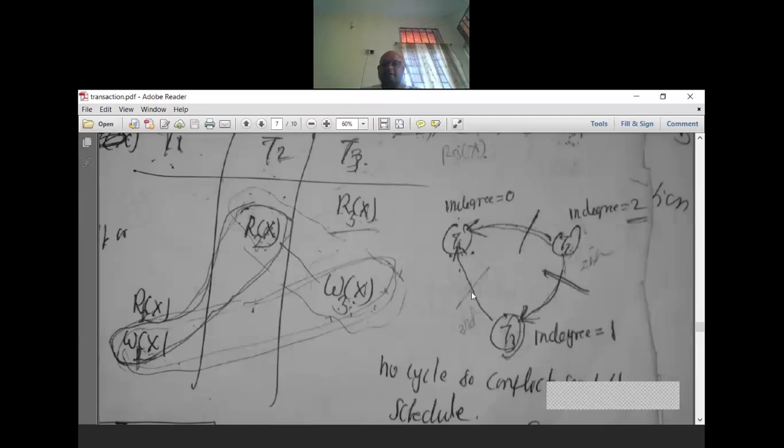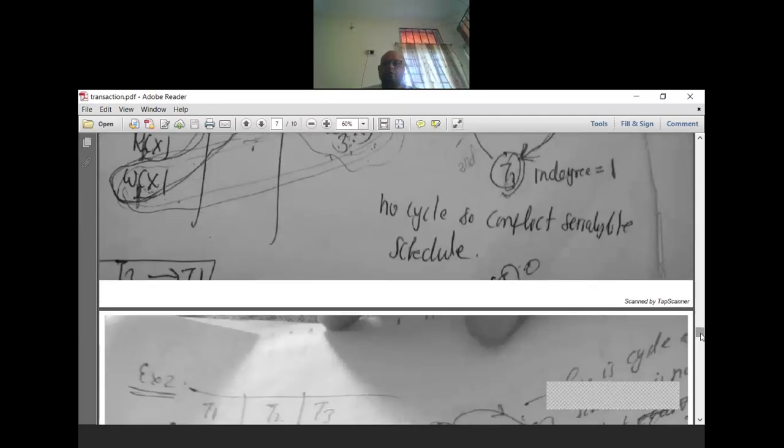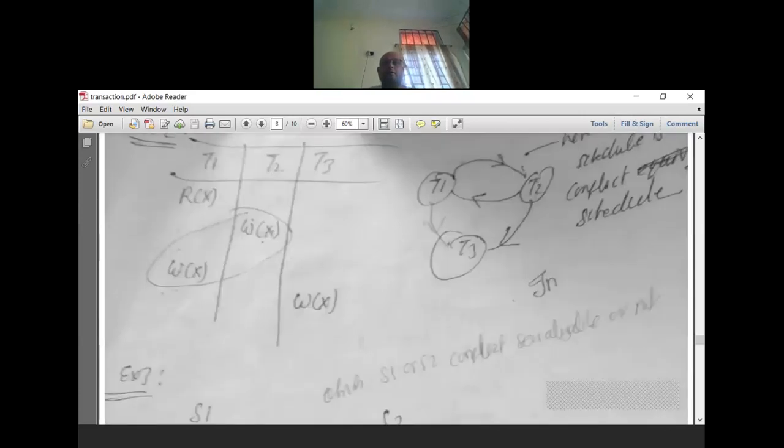That is T3, with one arrow going toward T1. But from T1, no arrow is coming toward T3 or any other node. So I will consider T3, and after that the only remaining node will be considered. If there is a loop, no need to go further. So if there is no cycle, then only a conflict serializable schedule can be achieved, and we have to find the conflict serializable schedule for that.